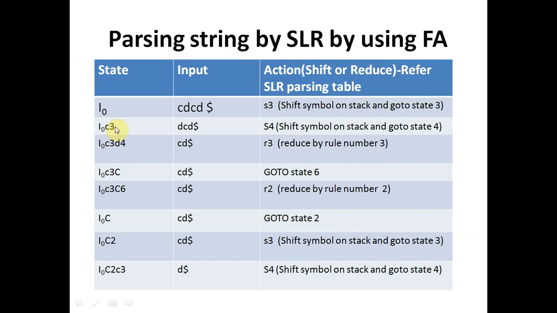It is written as shift the symbol on the stack and go to 4, so it has shifted onto the stack. So you were in the third state earlier, now the symbol is shifted onto the stack and a transition is made to the fourth state. Now in your finite automata you are in the fourth state.